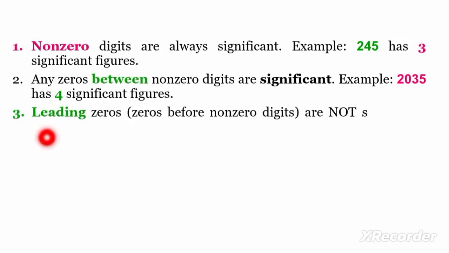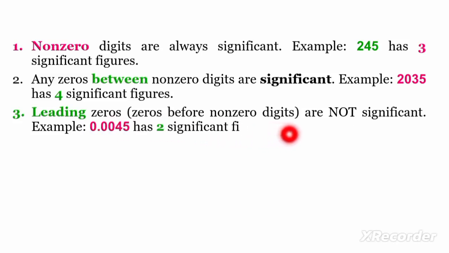Let us look at rule number 3. Leading zeros before non-zero digits are not significant figures. For example, 0.0045 has two significant figures. The leading zeros, the zeros at first, are not counted or considered to be significant figures.